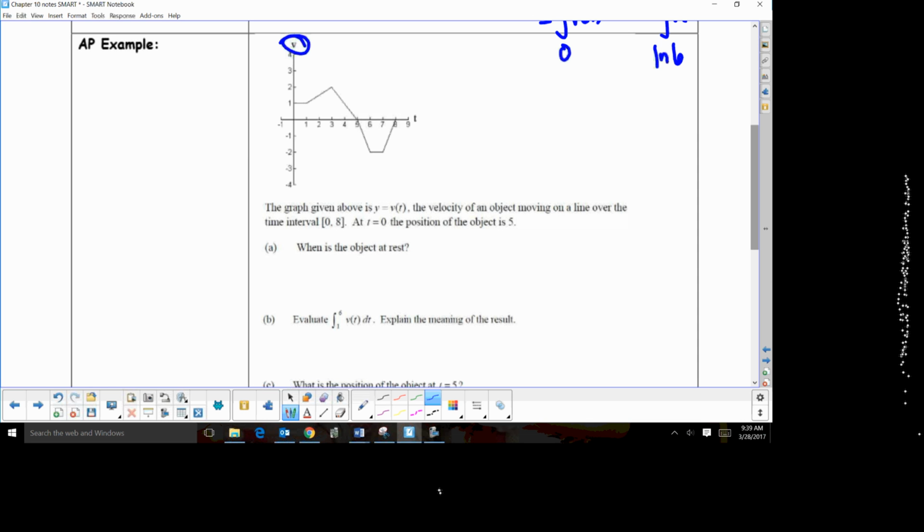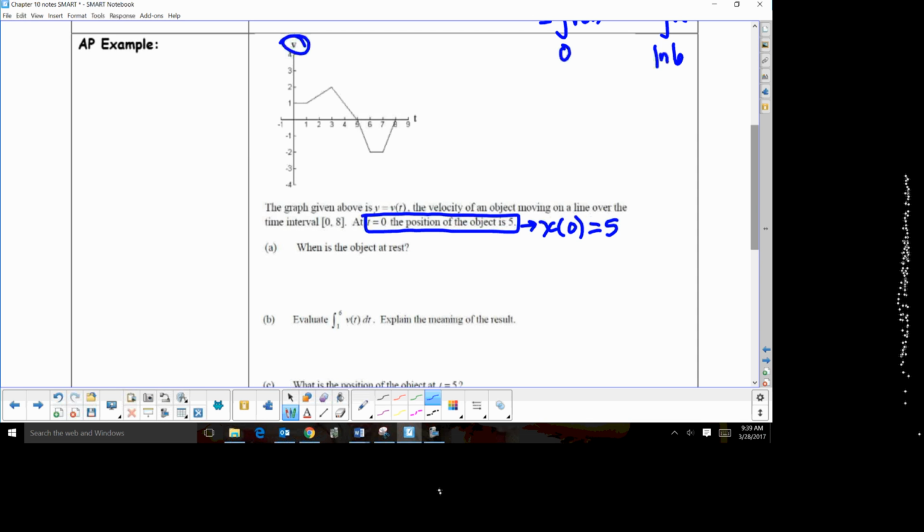So this is velocity from 0 to 8, and then it gives me this part. At t of 0, the object is at 5. So basically x of 0 equals 5, or you could say s of 0.